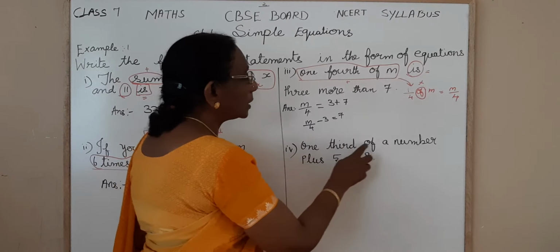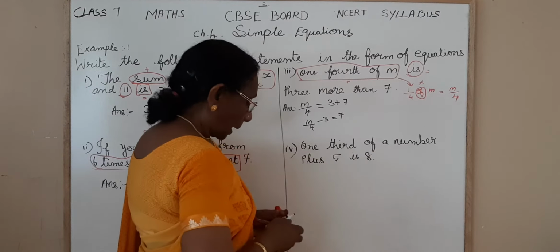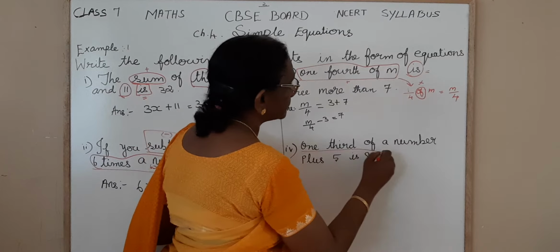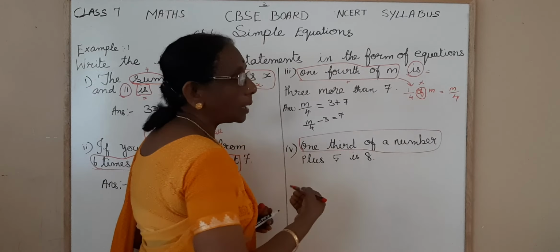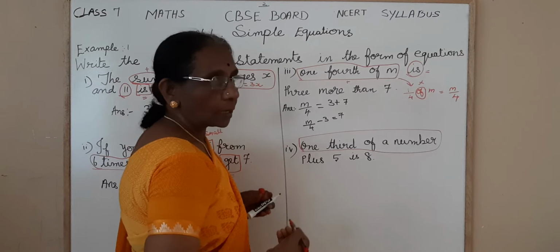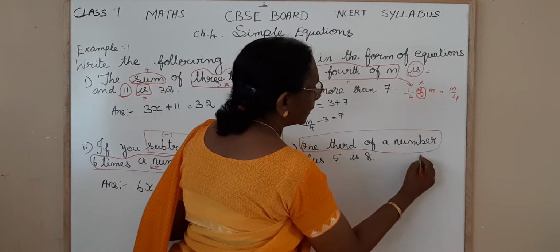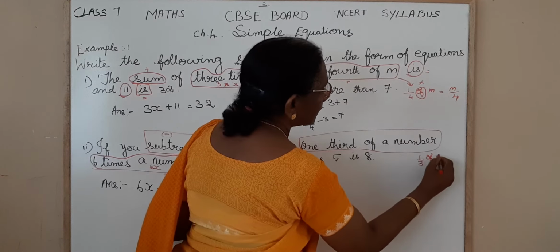Now 1/3 of a number plus 5 is 8. Again 1/3 of a number is what? Let the number be n. Any letter you can use. So 1/3 of a number is what? 1/3 is 1 by 3 of n.